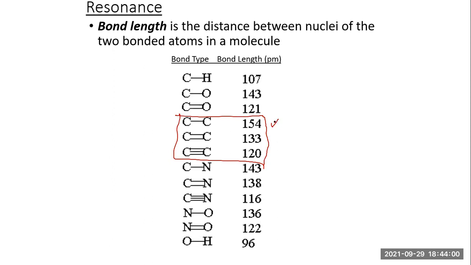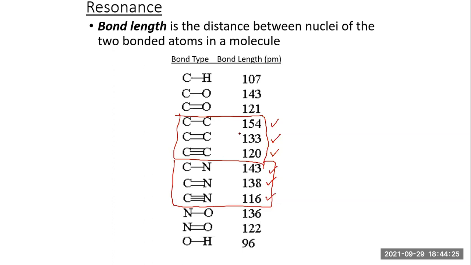When we put a double bond on, everybody comes in a little bit. The distance between the carbons gets smaller, to 133. When we put the triple bond on, everybody comes in even closer at 120. And we see that pattern even with carbon and nitrogen: single bonds 143, 138 for a double bond, and 116 for a triple bond.